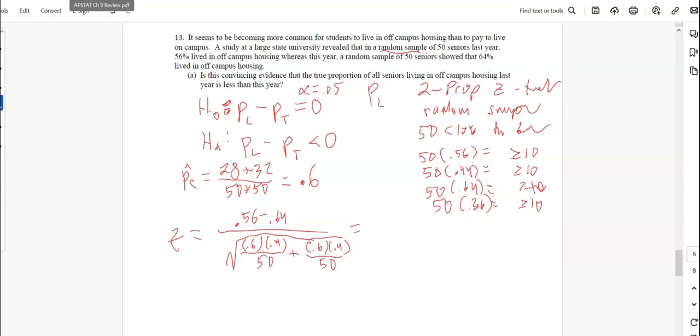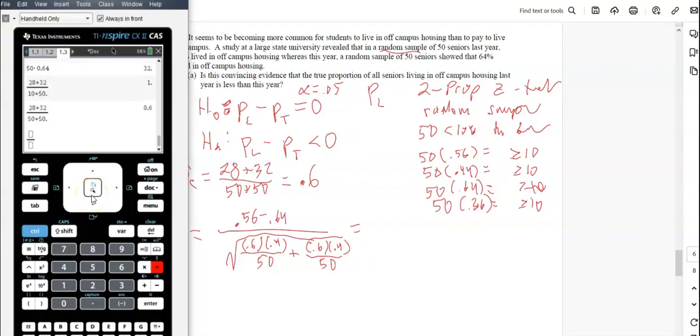So you type that whole giant thing into your calculator, you get your Z value there. So you do 0.56 minus 0.64 over square root of 0.6 times 0.4 over 50 plus 0.6 times 0.4 over 50. And hopefully that's right.